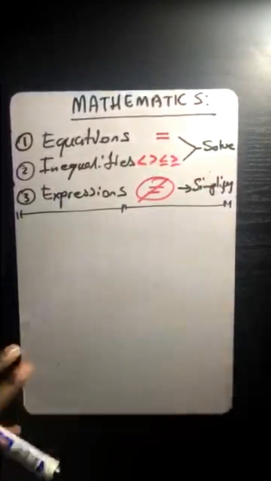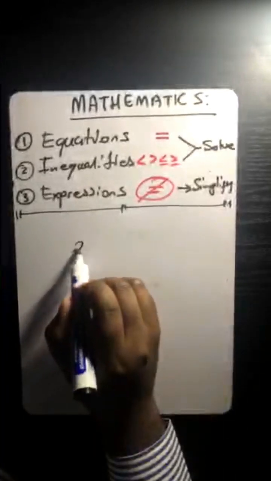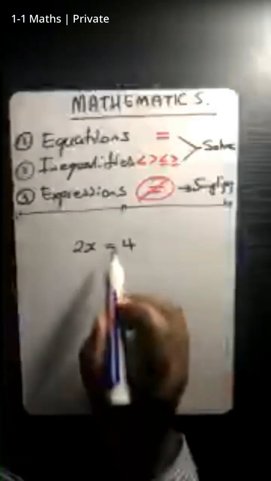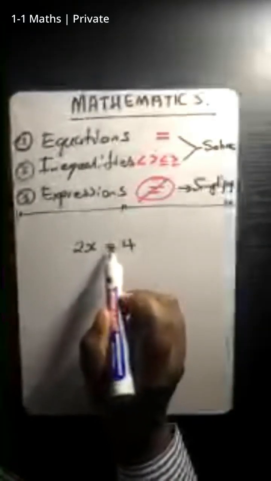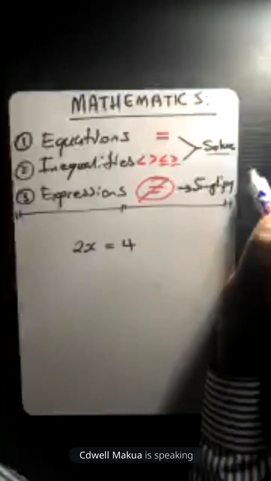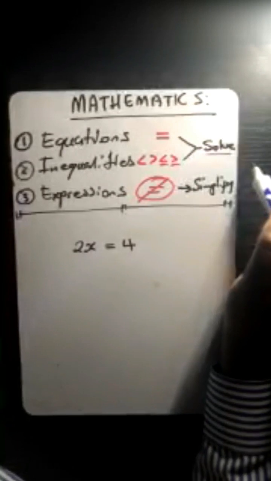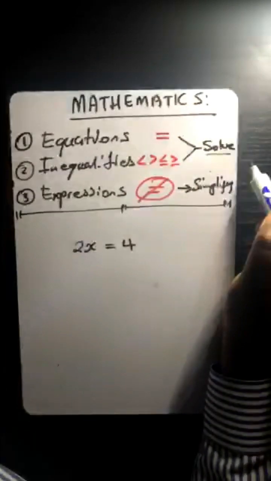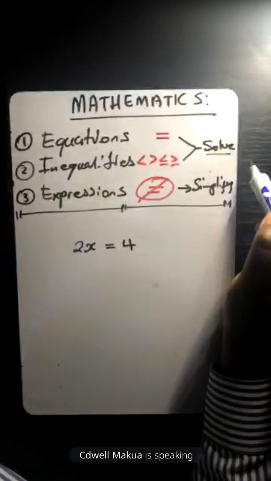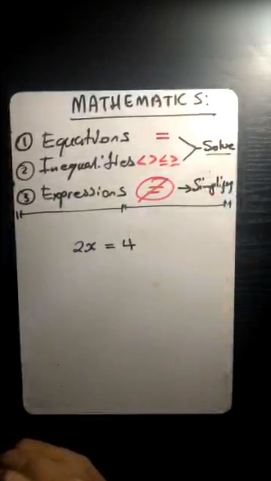Okay, so that means if we are having, let's say, 2x is equals to 4. This is an equation. Why? Because I see an equal sign. What does it mean? It means you need to solve. But now the question is, what are you solving? We're solving for that x. So generally, we say we solve for the unknown.